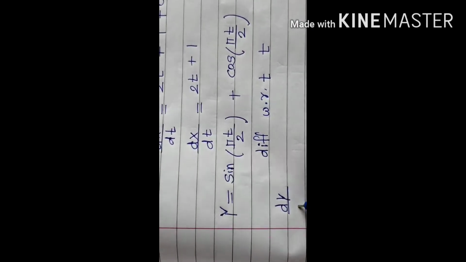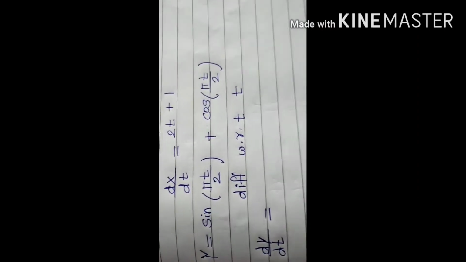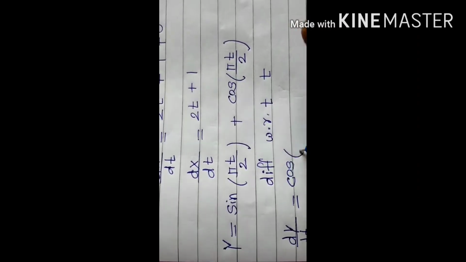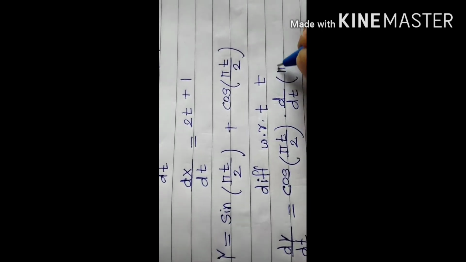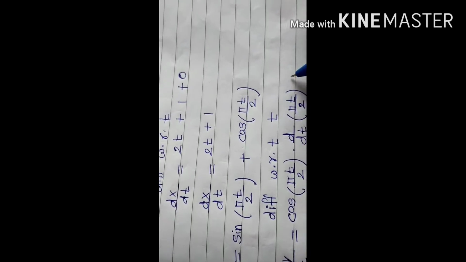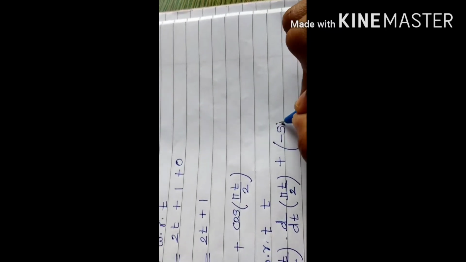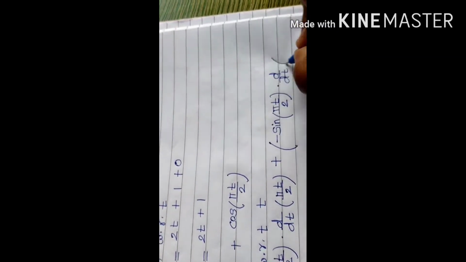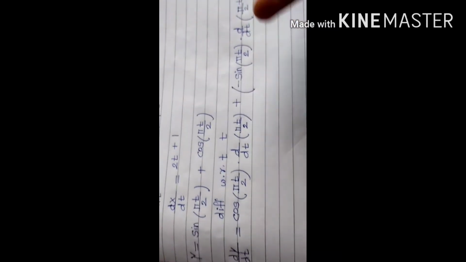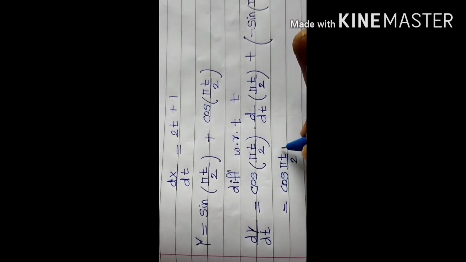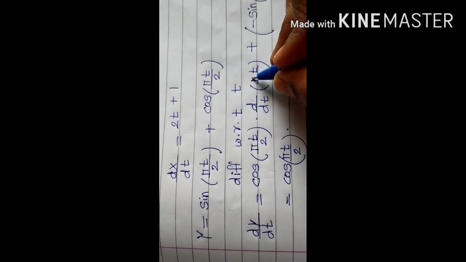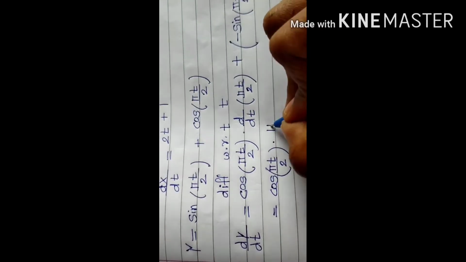So dy upon dt is equal to the differentiation of sin, which is cos, into the differentiation of pi t upon 2, plus the differentiation of cos, which is minus sin, that's why minus sin pi t upon 2 into the derivative of pi t upon 2. The derivative of t is 1 and pi by 2 is constant, that's why it is only pi by 2.